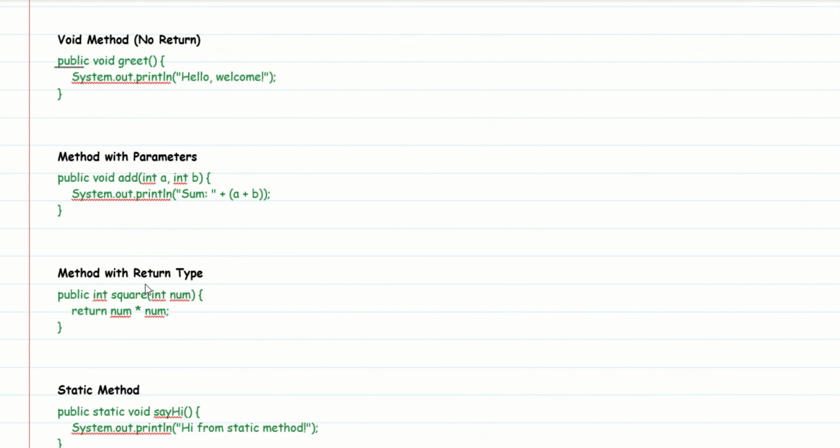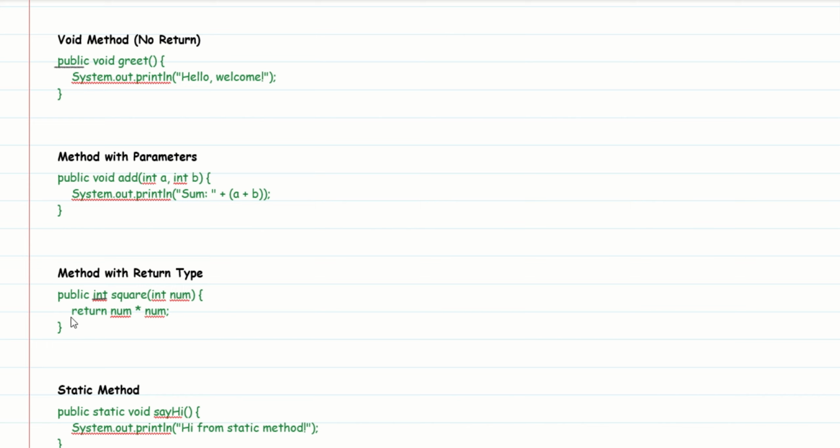Then we have a method with a return type. Here, in this example, which returns something, that is the square of a passed number. Again, the return type is int and the access modifier is public. The difference between these two is that the return type is void in the previous one, and int here.